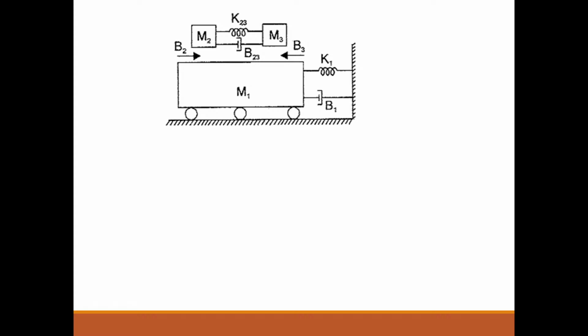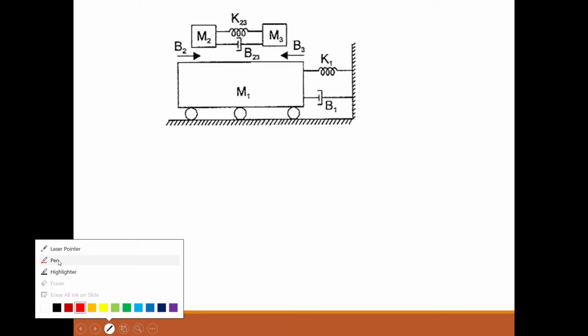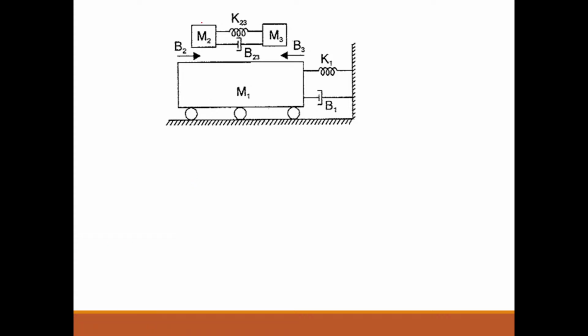Okay, so there are three masses. So you can consider the nodes according to three masses, means three nodes will be there. So you can consider the nodes according to your diagram. You can consider like this. You can consider like this according to your diagram. Okay, no need to follow me, but you can do this also.